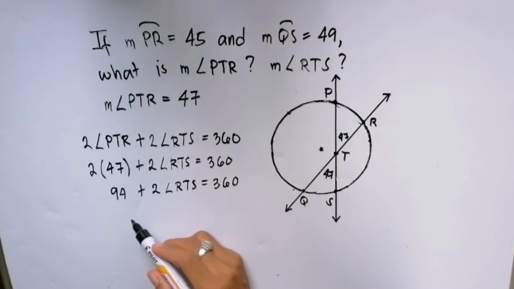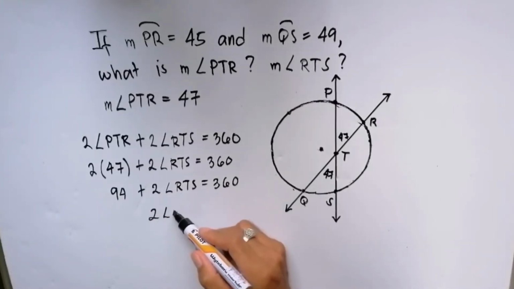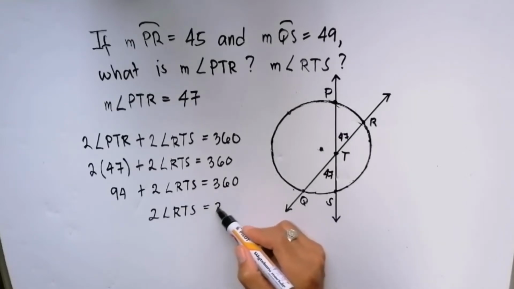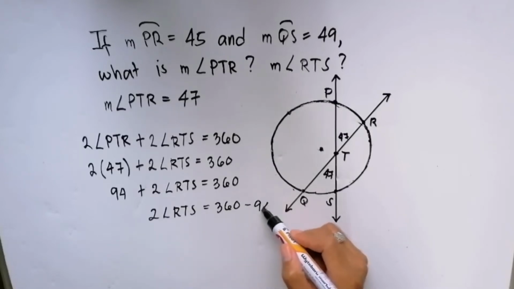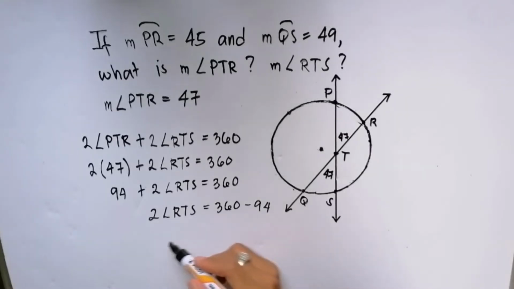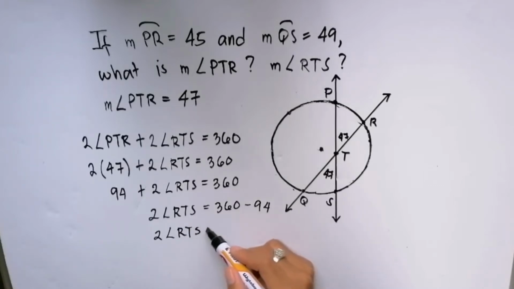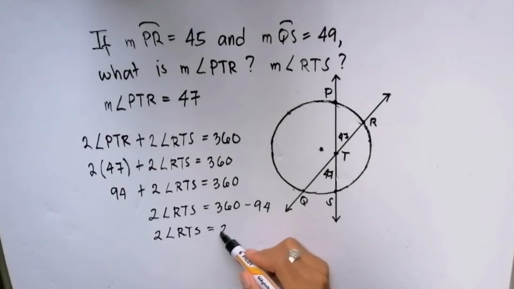Then twice the measure of angle RTS is equal to 360 minus 94, so that is 266.